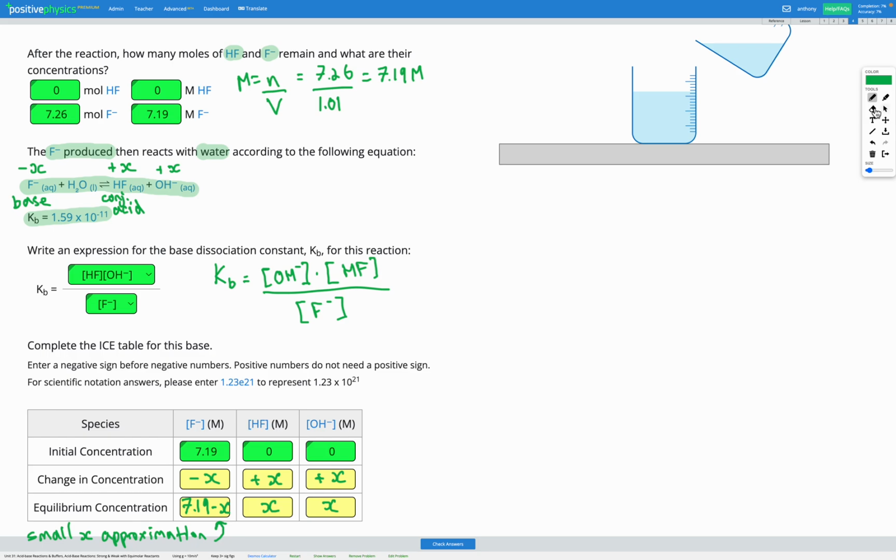So what we're going to do is just get rid of the minus X here. And we're just going to assume the X is so small, it's not going to affect 7.19 when we subtract it. That's going to make our calculations a lot more simple.